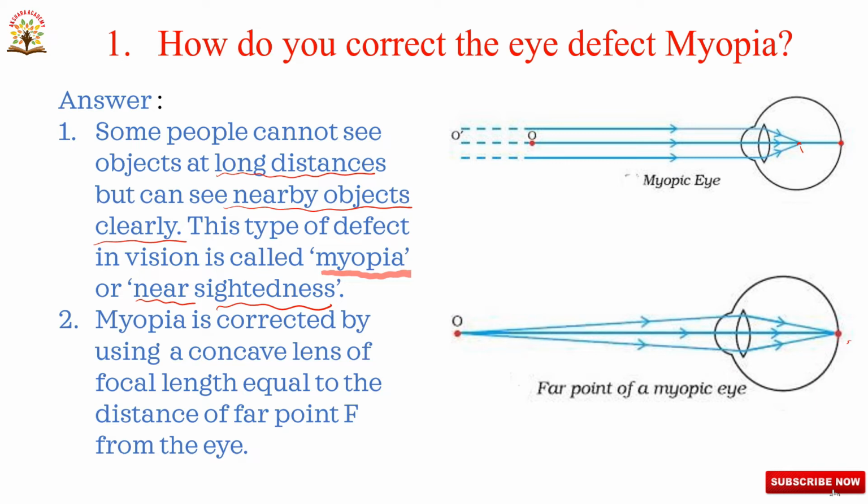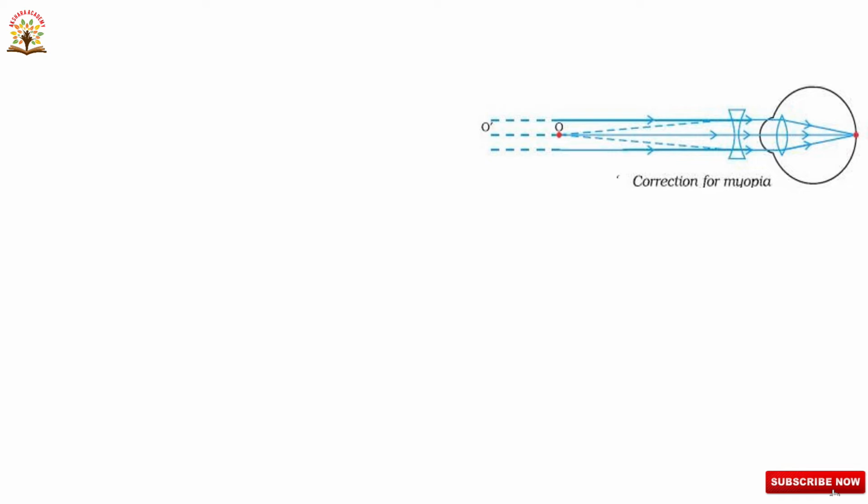Now for correction we are using a concave lens. Myopia is corrected by using a concave lens, or we can call it a diverging lens, of focal length equal to the distance of the far point F from the eye. How can you correct myopia? Next we will observe this diagram for correction of myopia.